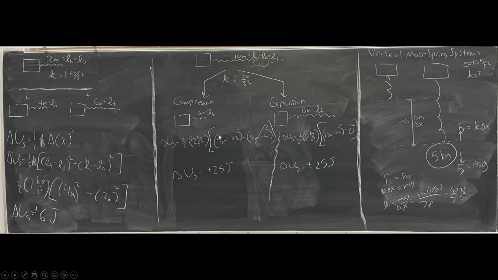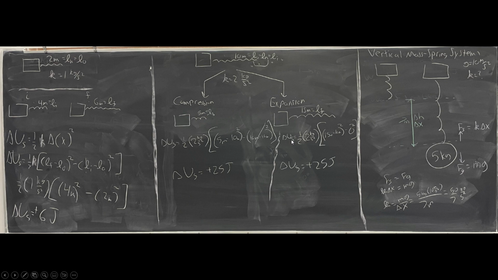Therefore, what we end up having is positive 25 joules of energy that we need to add to our spring to compress it by 5 meters. Now, in the expansion example, L_f equals 15 meters, not 5.